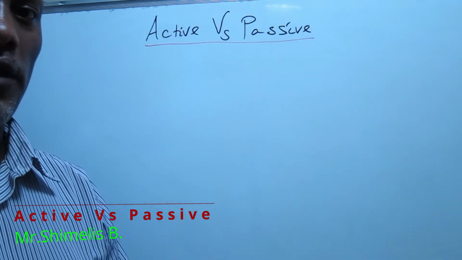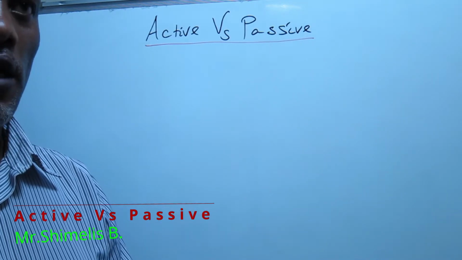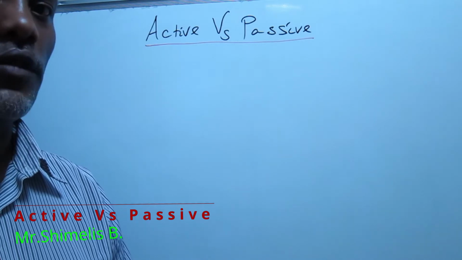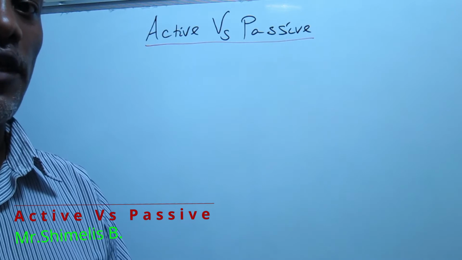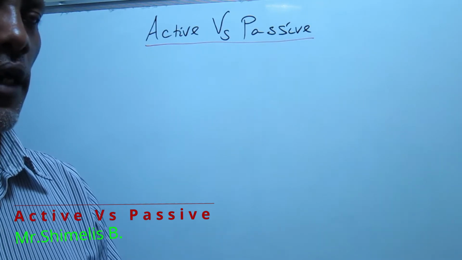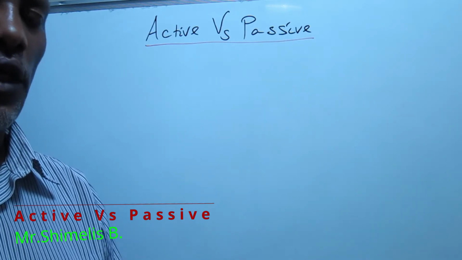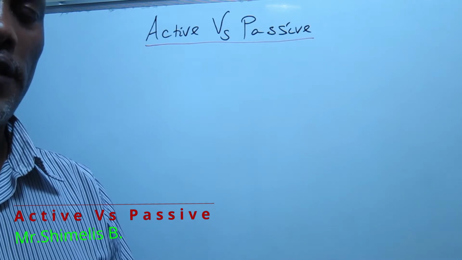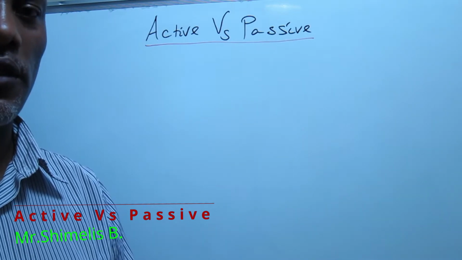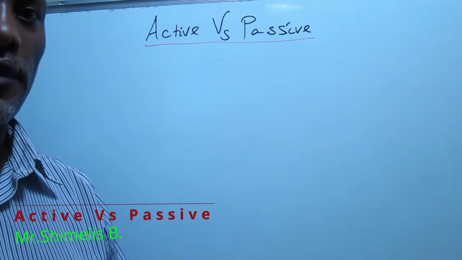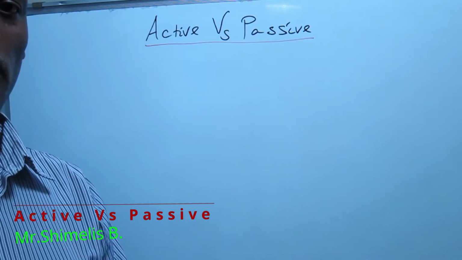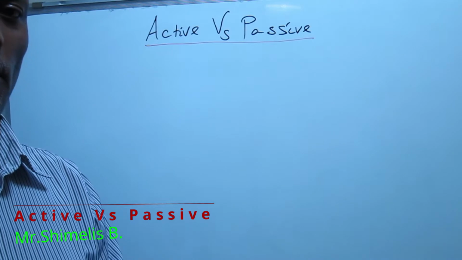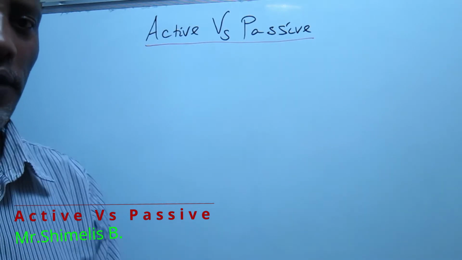And before that, of course, we'll see which verb types have a passive form, and later we'll see the rules of changing active to passive, and at the end we'll see some special cases about passive. Okay, let's kick off the discussion.